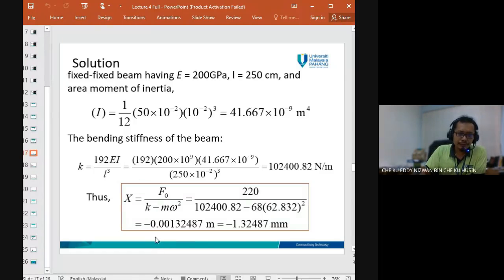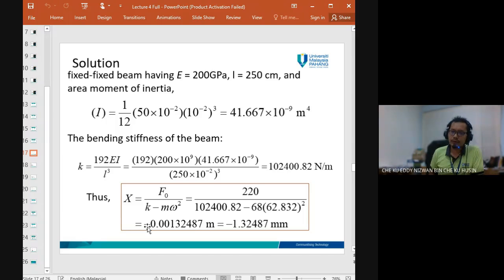After you solve this part, you will find that there is a negative sign here. The negative actually represents the direction of the motion. Negative represents out of phase, meaning that it goes in the opposite direction to the applied force.